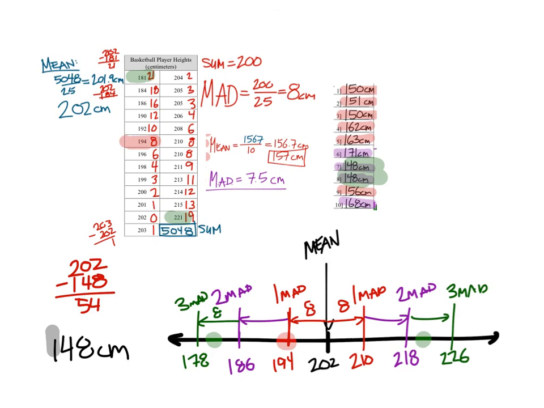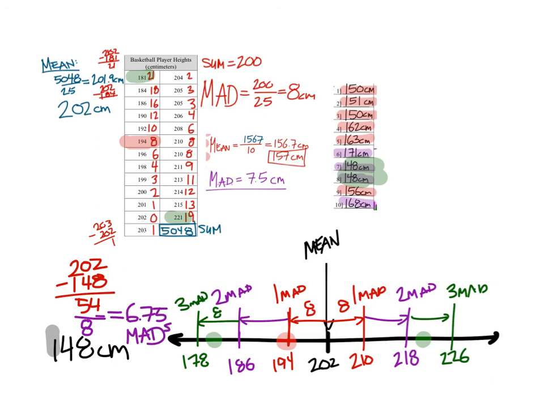And then to figure out exactly how many mean absolute deviations that is away from the mean, we'll just divide this by 8, the mean absolute deviation for these basketball players. 54 divided by 8. So that's 6.75 mean absolute deviations from the mean.